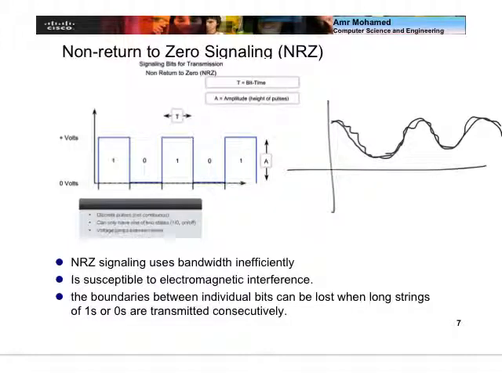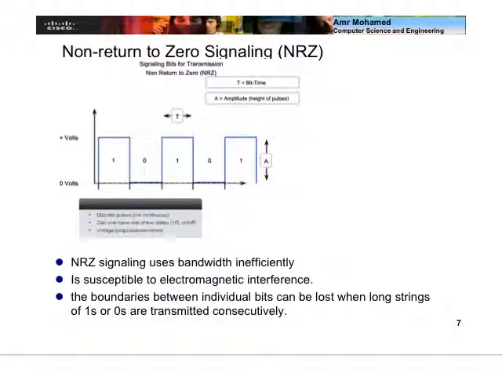Another problem which is very obvious is that the boundaries between the individual bits can be eliminated completely. Imagine if you have a continuous stream of ones. This will be represented using a continuous signal like this. Okay?